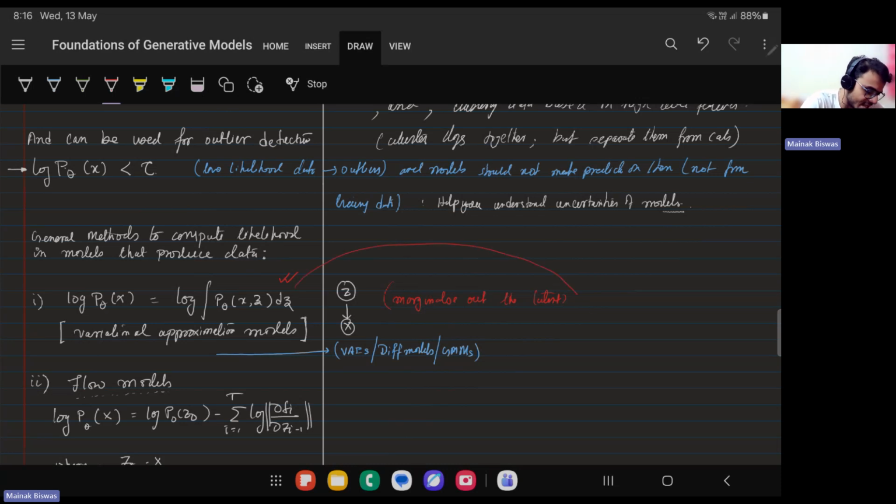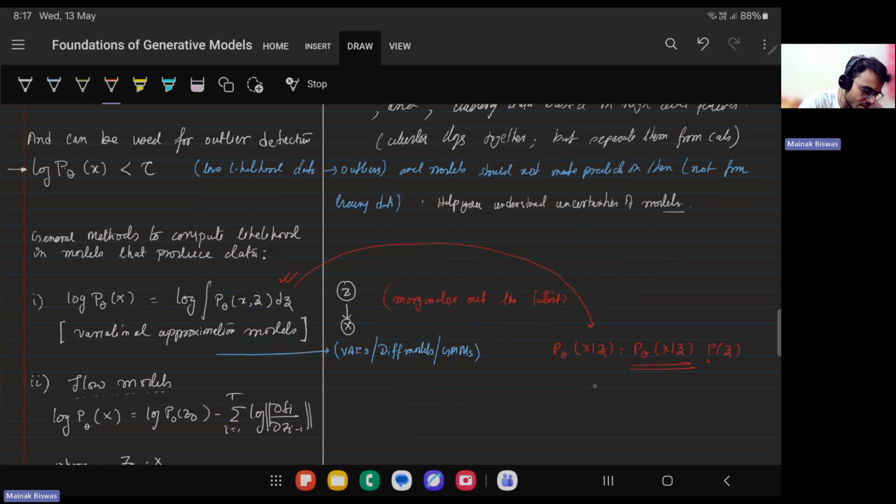If you remember, p theta of x, z is p theta of x given z times p of z. This model is my decoder, and I already know the value of the decoder, so we don't even need this.